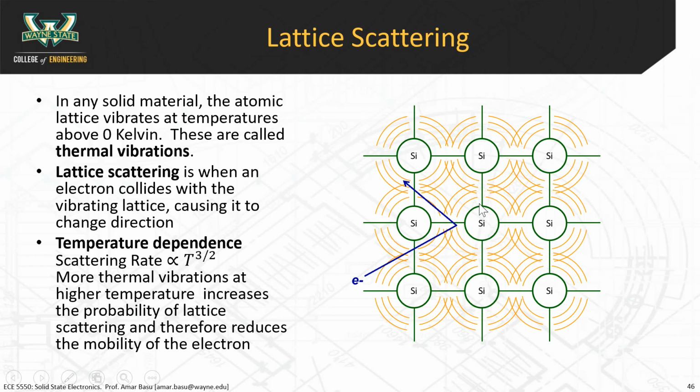Because this scattering has to do with the vibrations, the scattering rate depends on temperature. We're not going to go into the details of why, but it's actually proportional to the temperature to the 3/2, not just the first power. So more thermal vibrations at higher temperatures result in more lattice scattering, and that reduces the mobility of the electron. More scattering reduces the mobility.